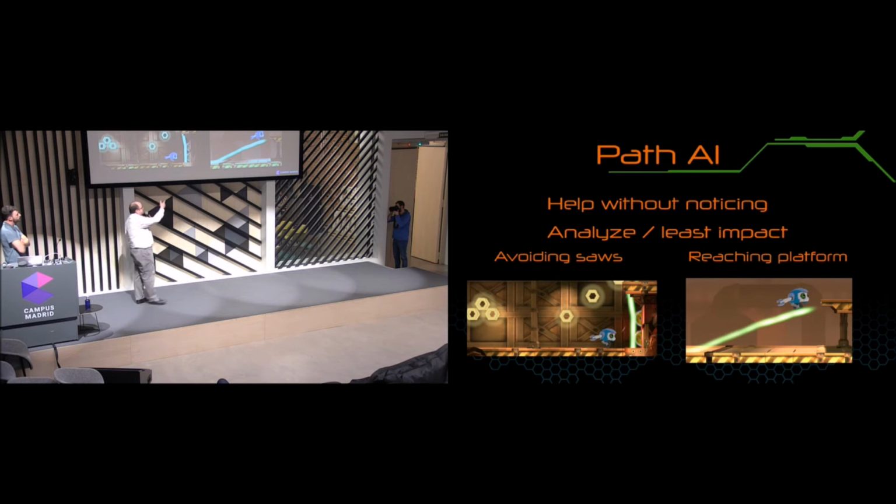In another case, the player tried to get to a platform, but if he stopped drawing the path before reaching the platform, he leaves an empty space, and of course, Bob falls off.